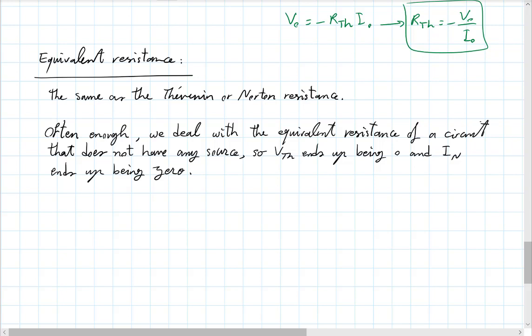So V Thévenin ends up being 0, or I Norton ends up being 0. You just have a resistor. And that's the equivalent resistance of the circuit. So if you wanted to think of coming up with a method to calculate the equivalent resistance of a circuit that does not have any source, just apply a voltage and measure the current and divide the two, paying particular attention to the directions, right?